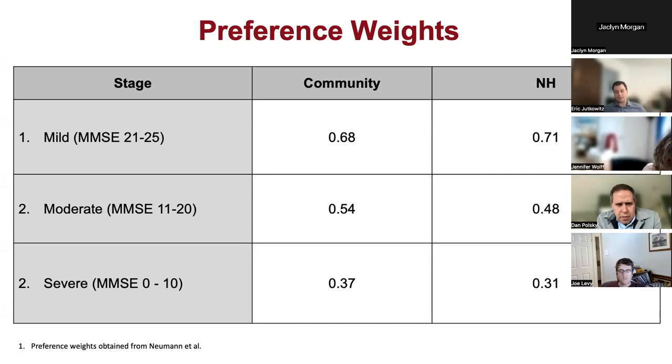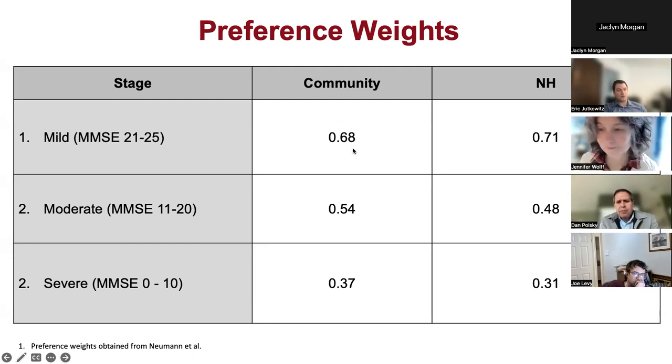So if a person spent all 12 months in the community with mild dementia, you would multiply their months by the preference weight, and that would give you their quality adjusted life year.